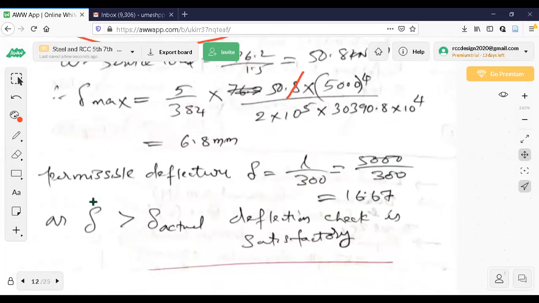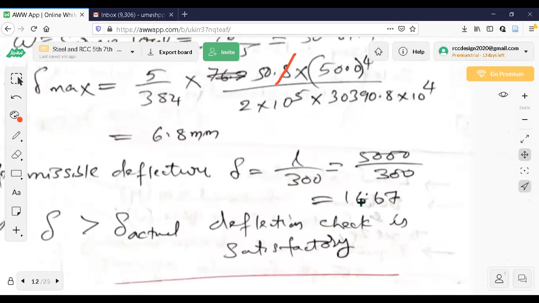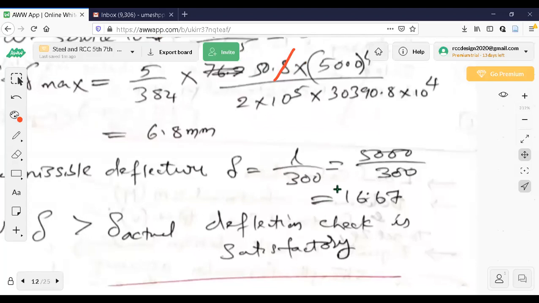Now how much is permissible? Permissible should be more than this, L by 300. L by 300 is 5000, the span, divided by the constant 300, which is 16.67 mm. So up to 16.67 or nearly 16.7 is allowed. I can permit up to this much deflection because permissible deflection is L by 300.